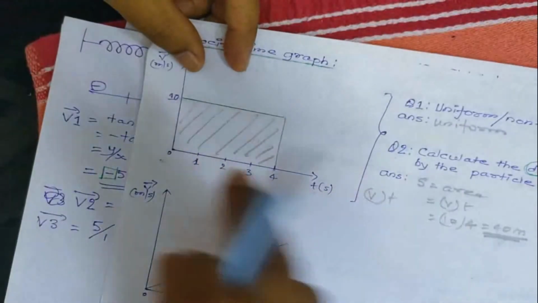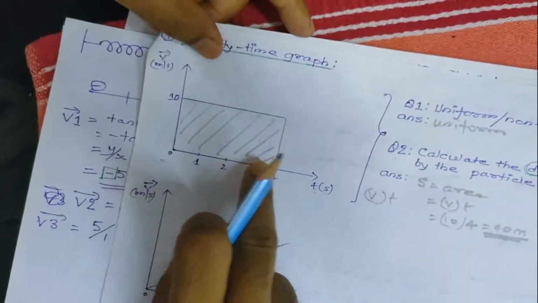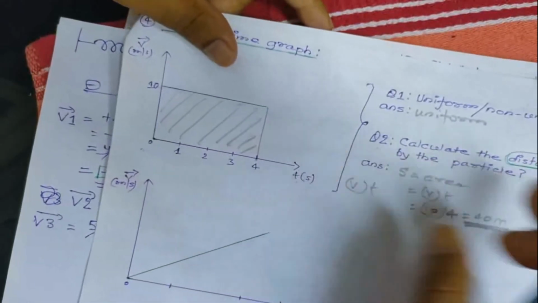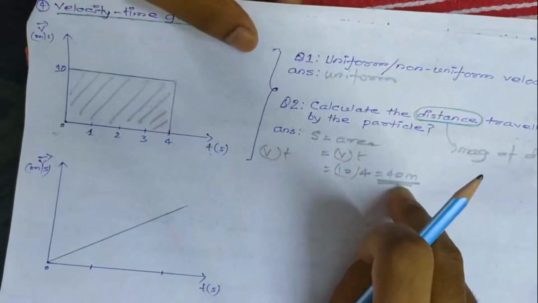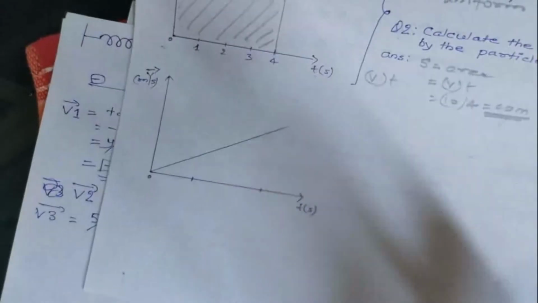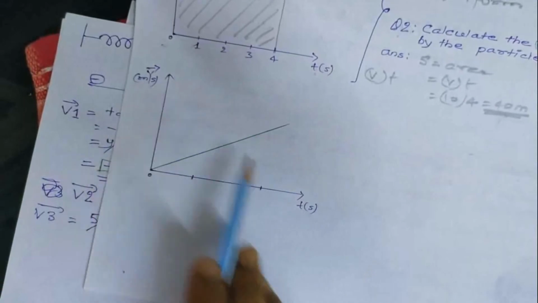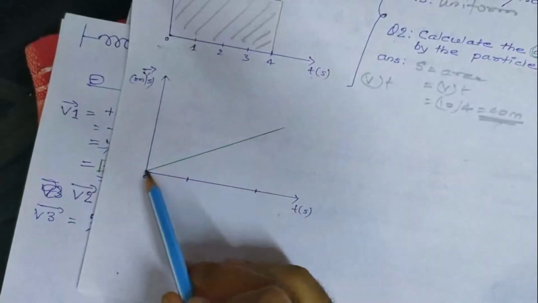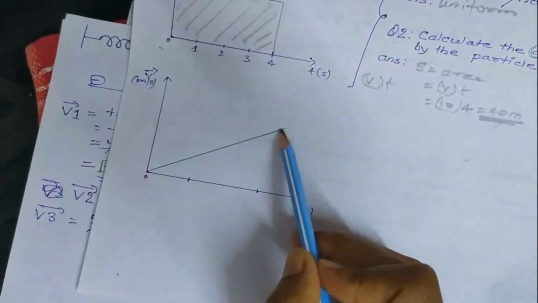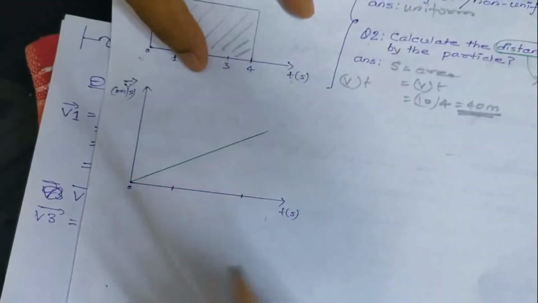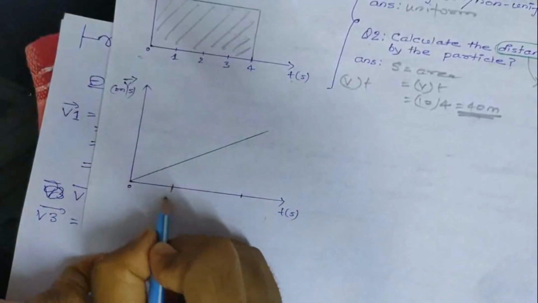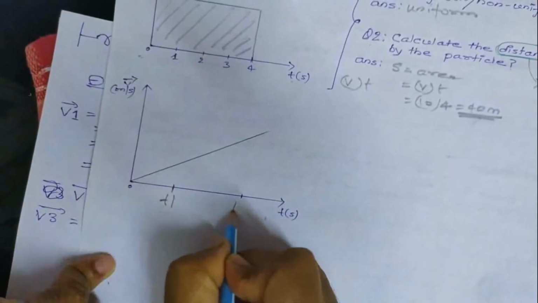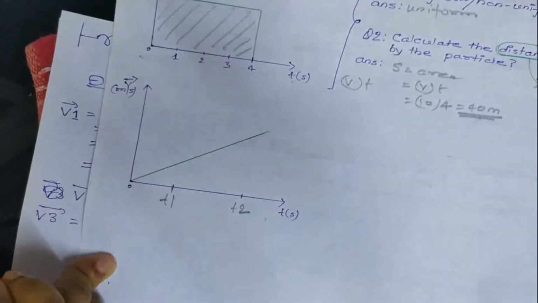If you are presented with such a graph and you are asked to calculate distance traveled by the particle, I think you should be able to calculate now. Similarly, if you have a velocity time graph and it comes out to be like this, and you are asked to calculate the distance traveled by the particle between this time duration t1 and t2, what is the way out?